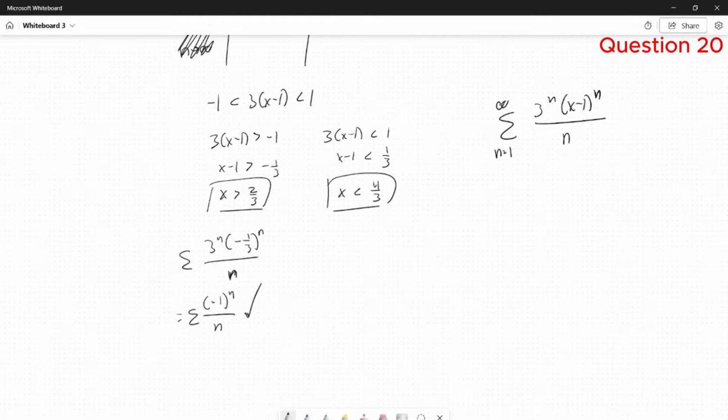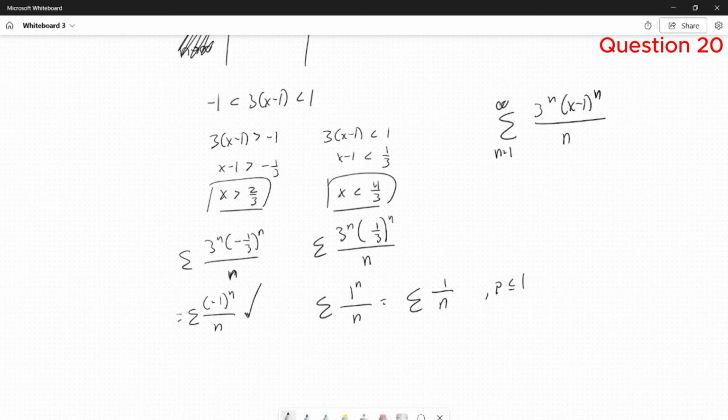Now, does the series converge at 4/3? Let us find out. You're left with 1 to the n over n, which equals 1 over n, and we know this is the harmonic series. The harmonic series follows the p-series rule, where if p is less than or equal to 1, then the series diverges.